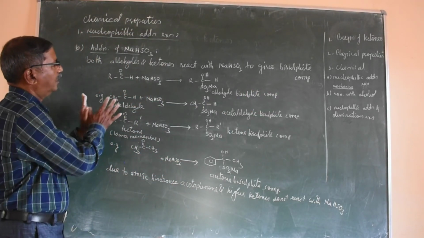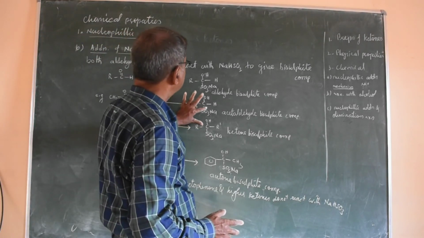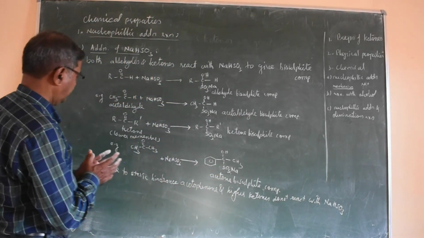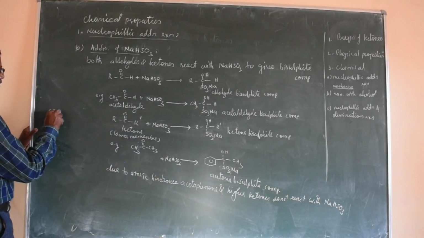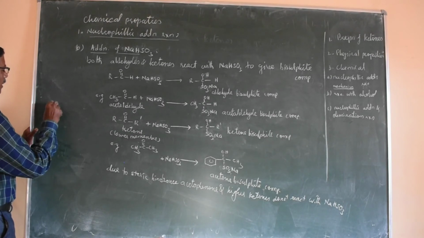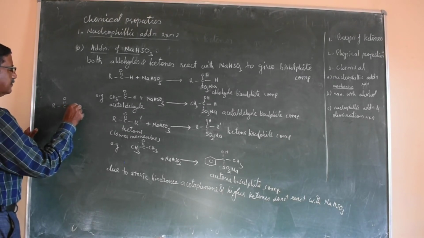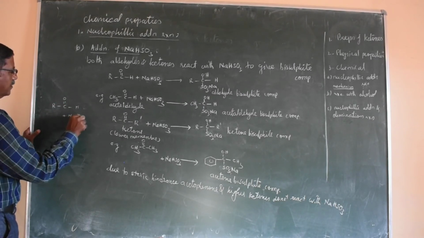For example, with acetaldehyde, the product formed is the acetaldehyde bisulfite compound. Here the actual mechanism: CH3, C double bond O, or in general R, C double bond O, H or R', plus NaHSO3.